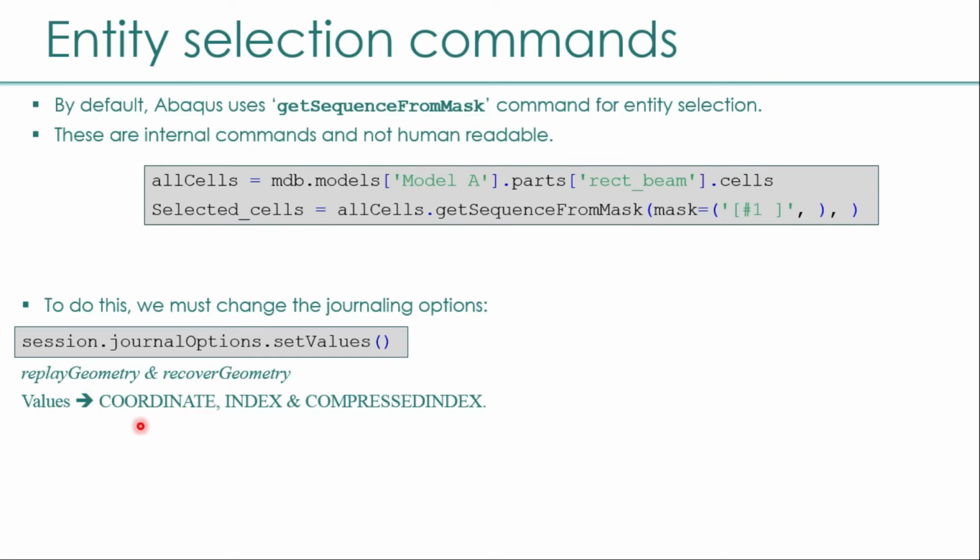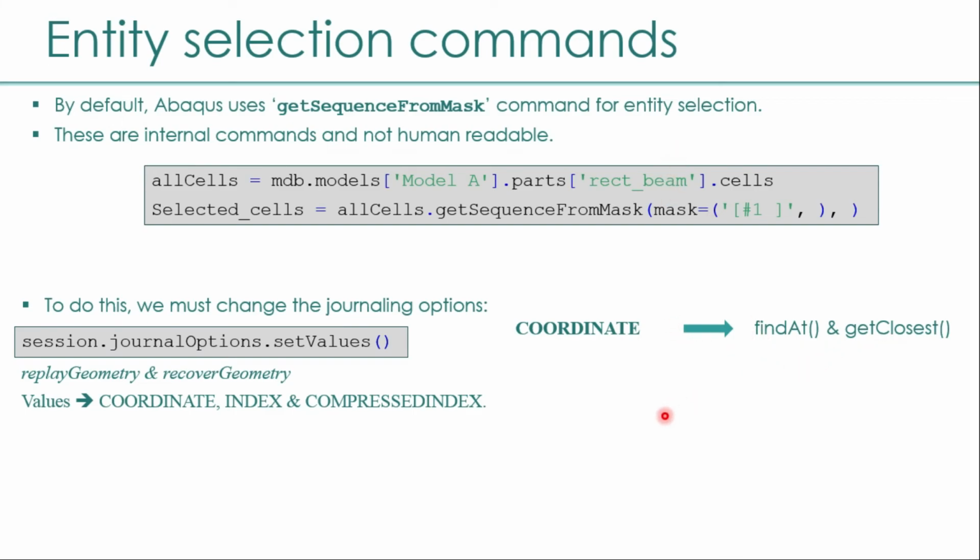For these two options, there are three values we can give, and we will see one by one what each value means. The first one is COORDINATE. Whenever you set the replayGeometry and recoverGeometry options to COORDINATE, it uses the findAt and getClosest commands to select the entities from this model.